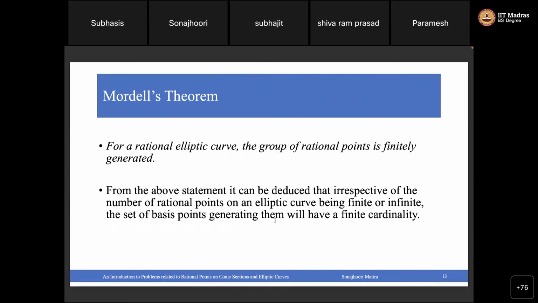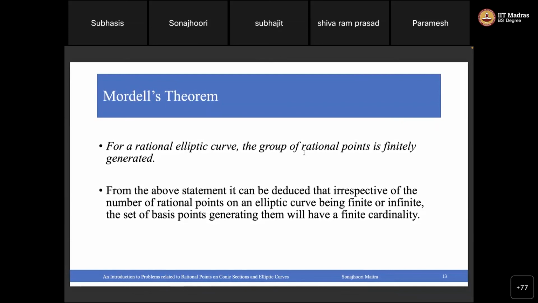And last but not the least is Mordell's theorem. Mordell's theorem states that for a rational elliptic curve, the group of rational points is finitely generated, which means that, as we have discussed earlier, for a cubic polynomial there can be 0, finite, or infinite rational points. The number of points that generate the other rational points will always be finite in number.